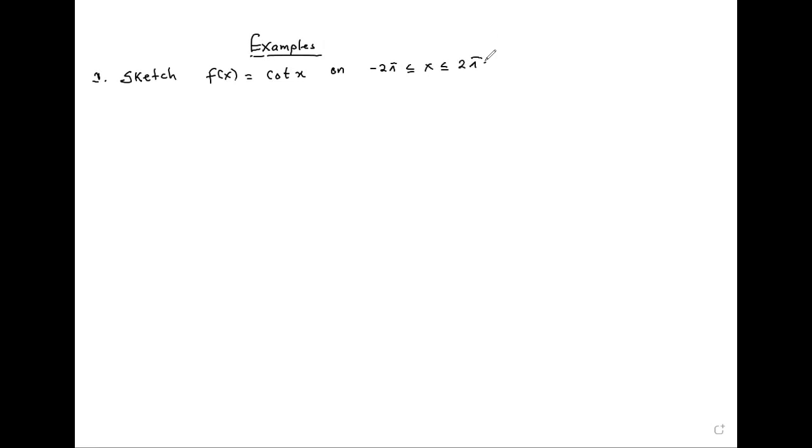For cot and tan, they share the same properties. So the period of this graph is 2 pi over 1, which is equal to pi. The scale is pi over 2. Horizontal shift is 0. So we'll have our sketch here.